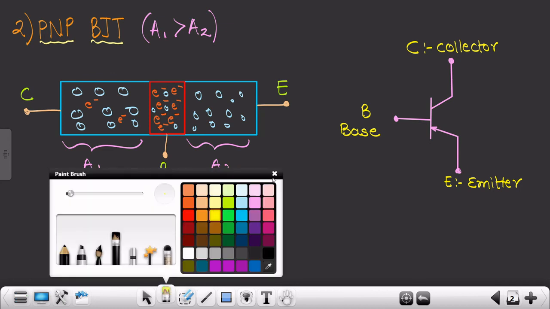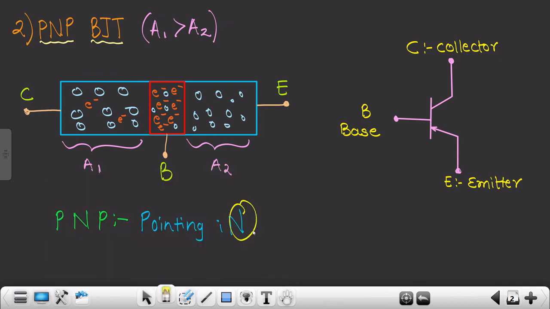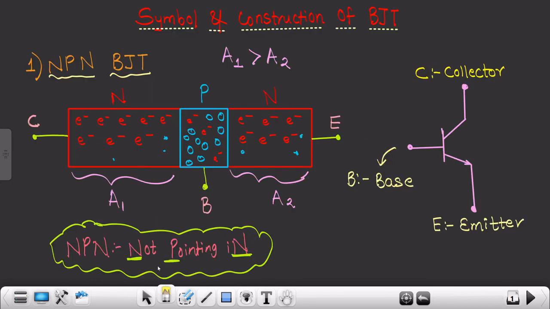In PNP, the arrow is pointing inwards to the transistor, whereas in NPN, the arrow was not pointing inwards, it was pointing outwards. This is what it means.